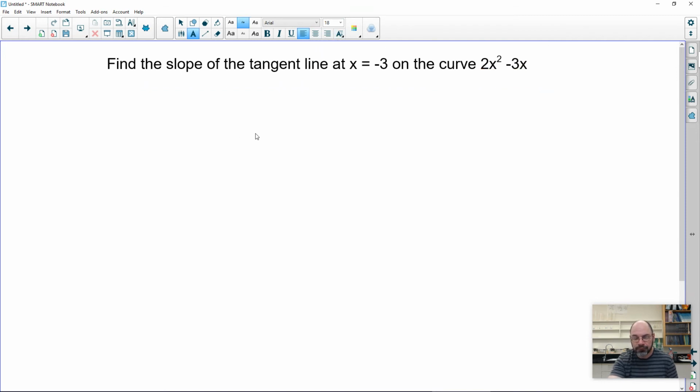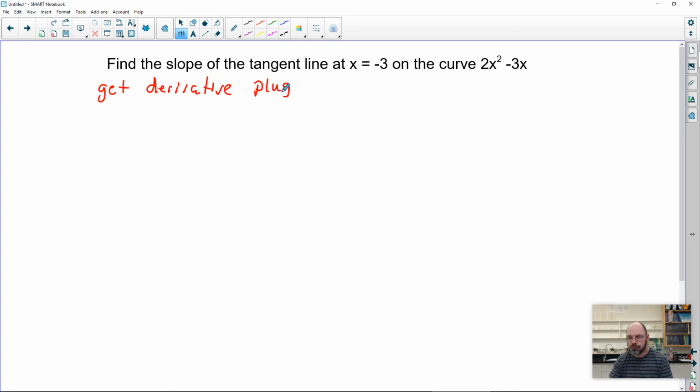Okay, so step one is to take the derivative to get the slope, and then we're going to plug in the number. So the strategy is get the derivative, and plug in x equals -3.